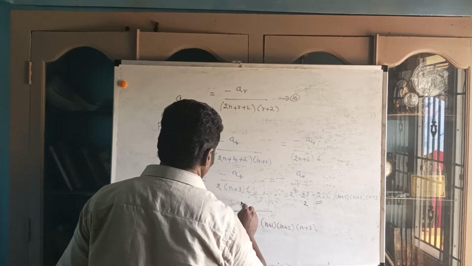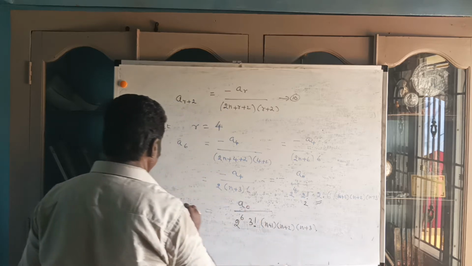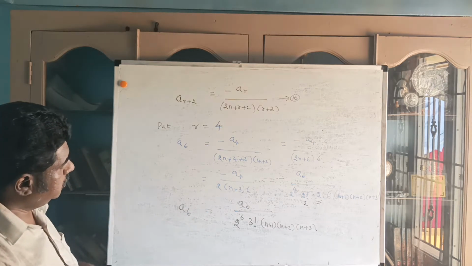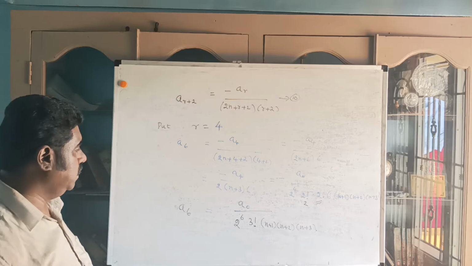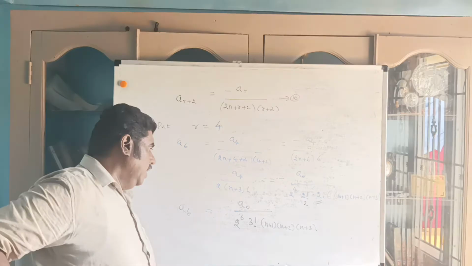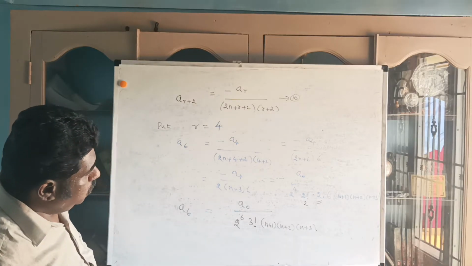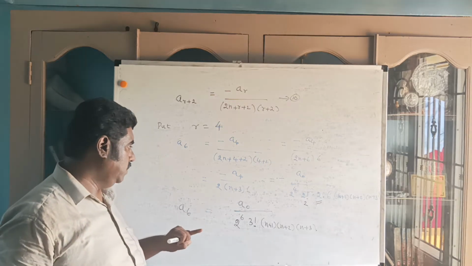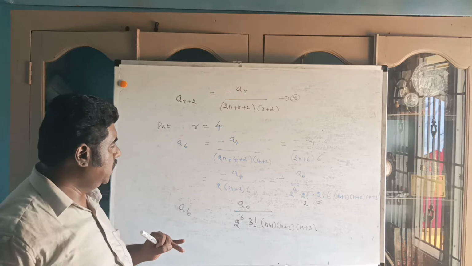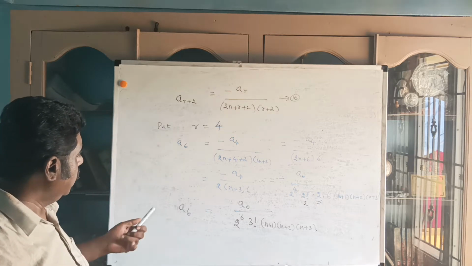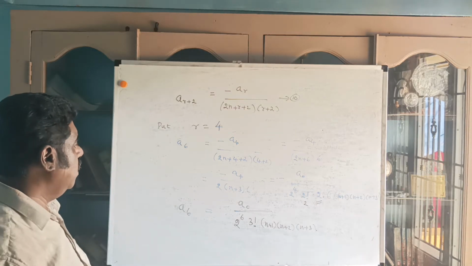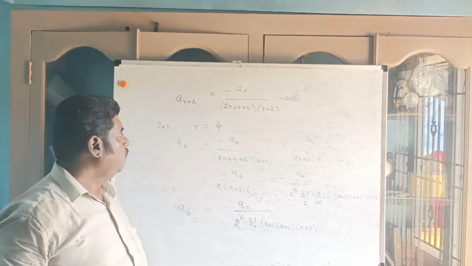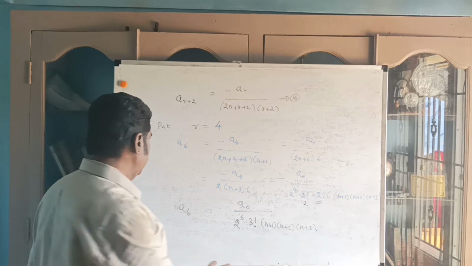This is the value of A6. A6 equal to minus A0 divided by 2 power 6, 3 factorial, (n + 1) into (n + 2) into (n + 3). A2 is expressed in terms of minus A0, A4 is expressed in terms of plus A0, A6 is expressed in terms of minus A0. These are the values of A2, A4 and A6.